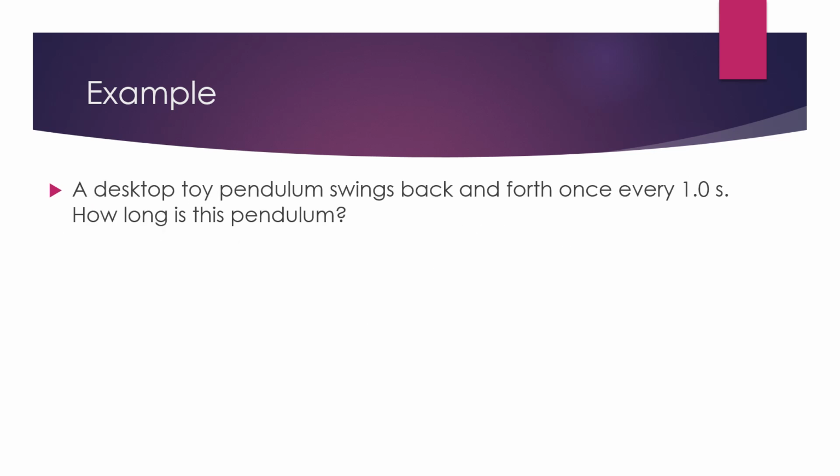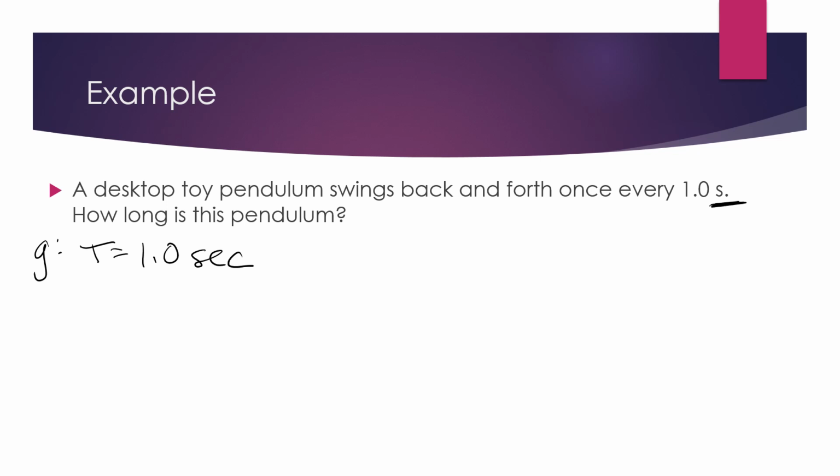Okay, this one. A desktop toy pendulum swings back and forth once every 1 second. How long is the pendulum? Given what I have here, it goes back and forth every 1 second, so they're telling me that's my period. Sometimes if I get lost, I look at the units, right? Seconds.